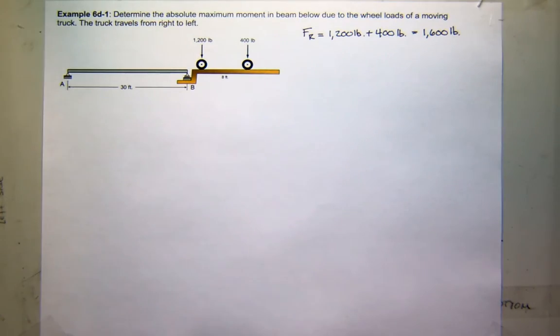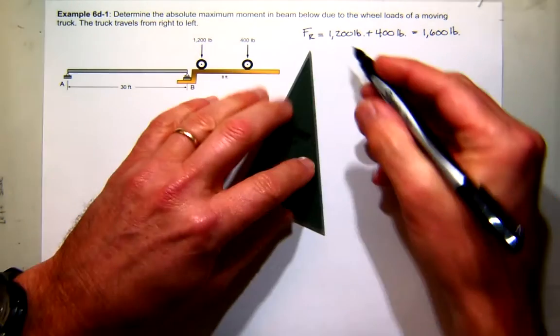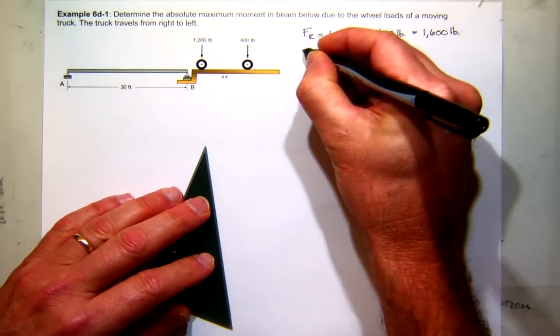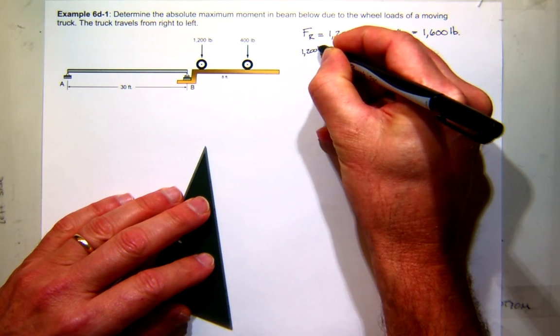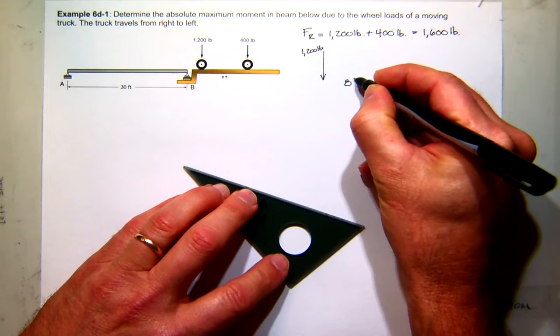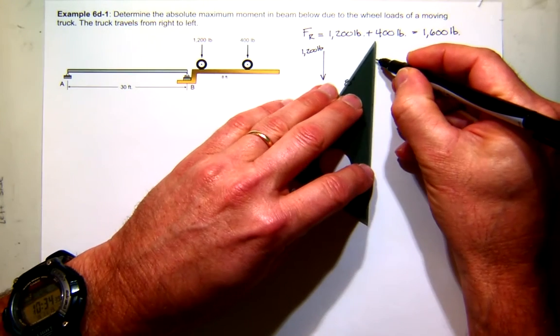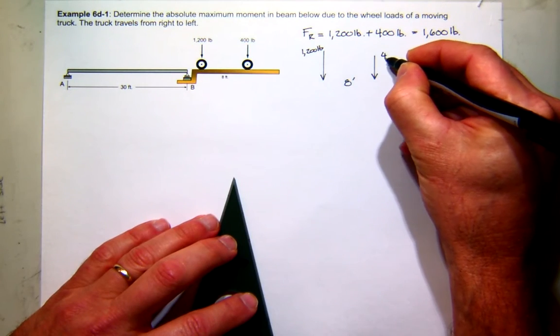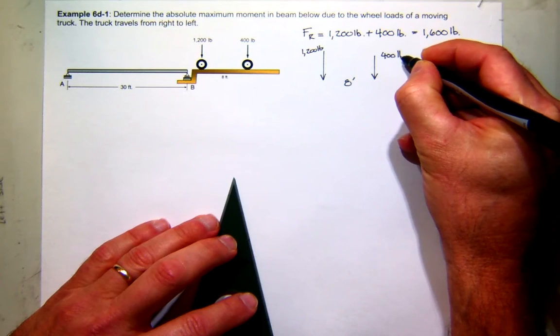So where would it be located? Well, this is what I like to do. I like to make a sketch. So there's my 1,200 pound force, and then 8 feet back is the 400 pound force. I guess this cart's being backed across the bridge.